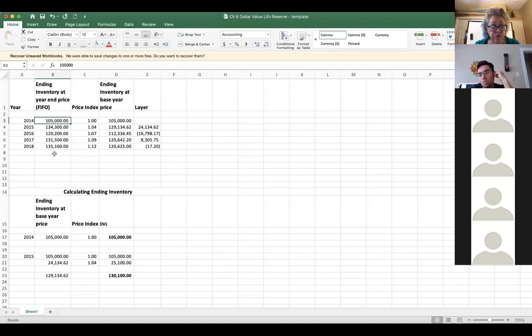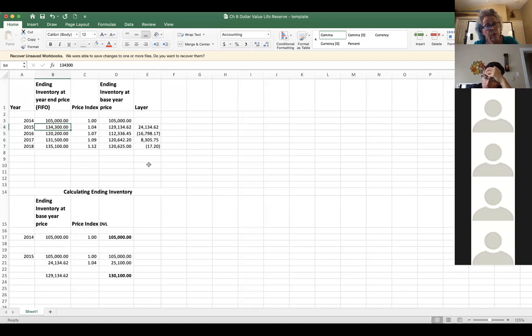Very easy to do at FIFO because when they purchase, they debit inventory, they credit accounts payable. Then when they sell something, they do it at FIFO because they know what their current prices are. So their inventory account is at FIFO.